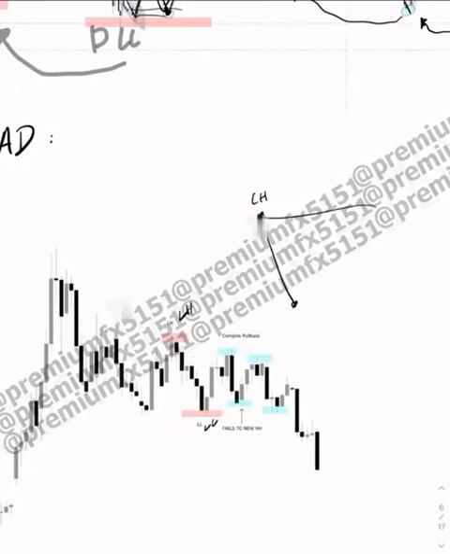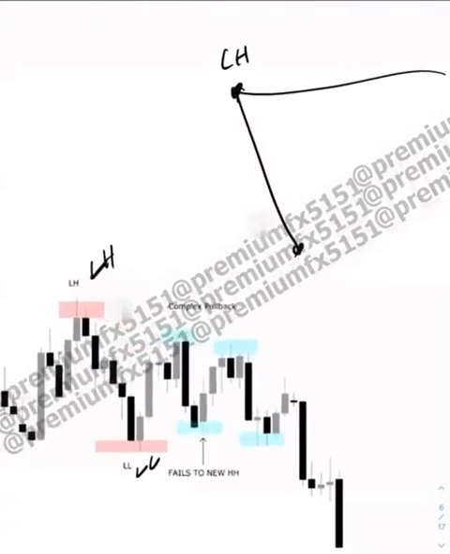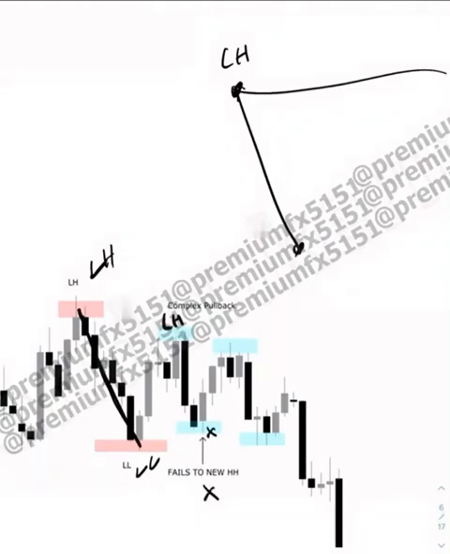Again, why do I call this a complex pullback? Let's zoom in a little bit. So this was my push to the downside, it retraces, we can be looking for sales, but we have to understand that this is not a lower high, because this point here fails to create a new lower low down here. But at the same time, when it came to the upside, it also failed to create a new higher high.